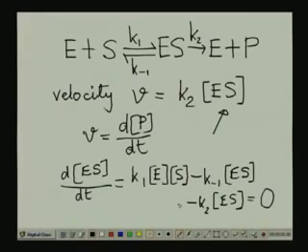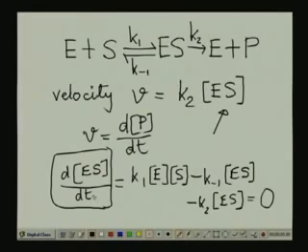Why? Because its rate of formation is equal to the rate of destruction. So, there is no change of the concentration of the enzyme substrate complex with time. If there is no change with time, then this quantity becomes 0 because I am at a steady state, right?